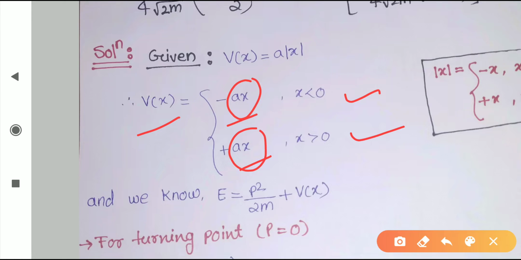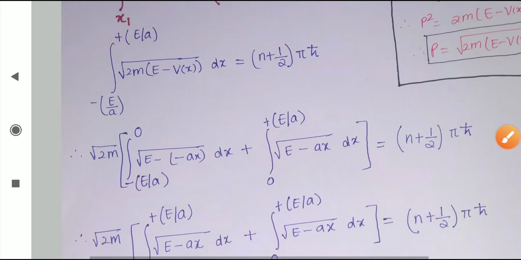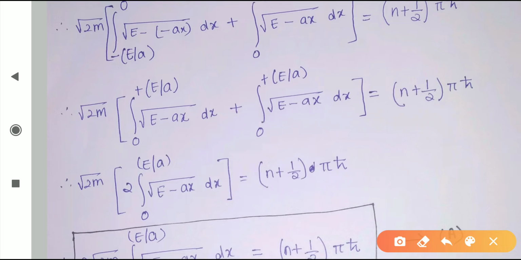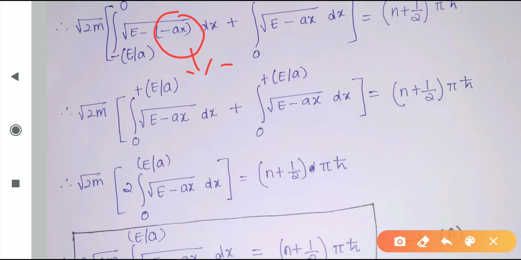So to solve further, we will take the potential value as a magnitude. Instead of this I will replace it by ax. Okay, clear? I'm just taking the potential value as a magnitude to solve this, so I'm replacing minus x by x, and here instead of this we will get ax.